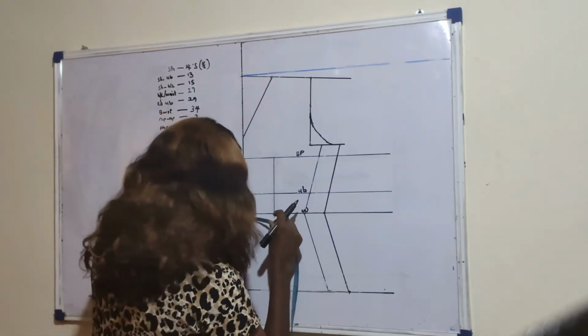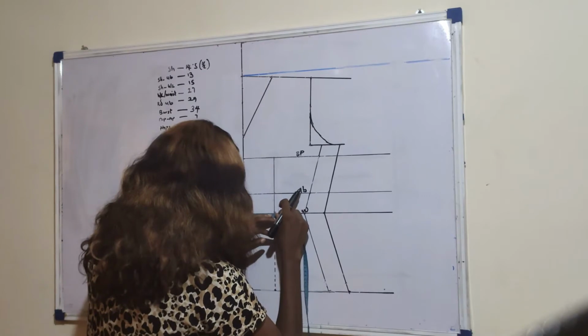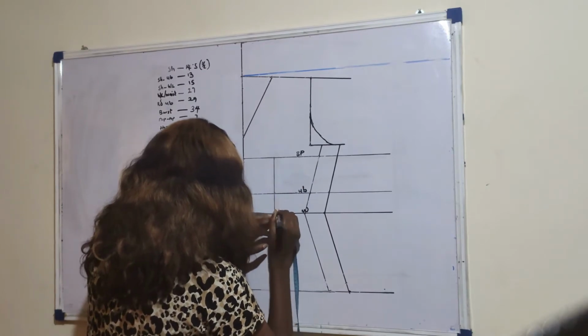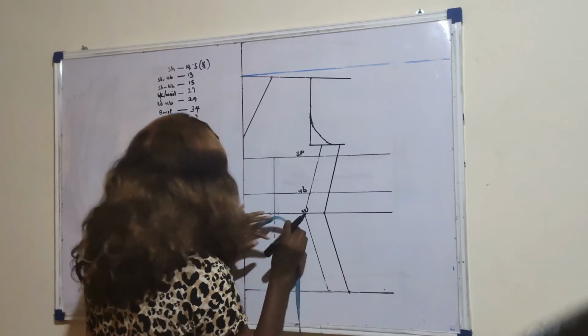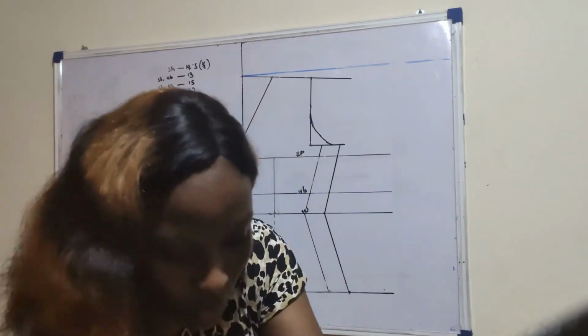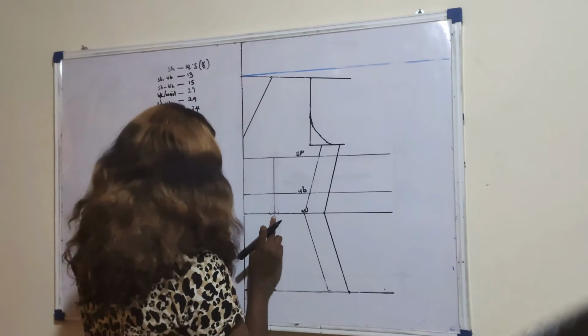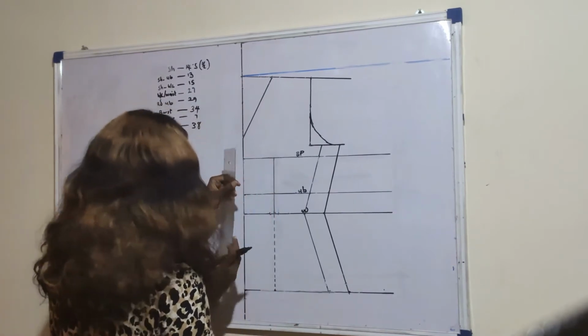So half an inch to the left, half an inch to the right. Don't forget. Just like so. You connect at an angle to the bust point.